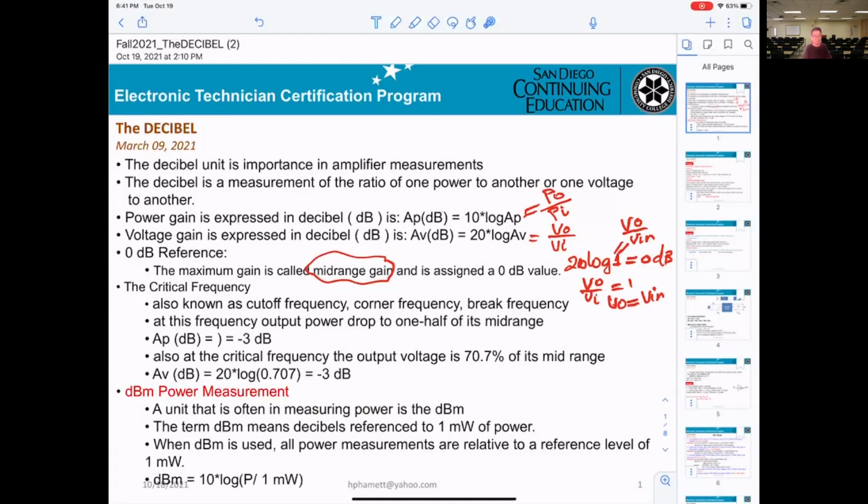However, we don't deal with the dBm. We deal with the watt, milliwatt, kilowatt. So that's why we need to convert it. Now, the term dBm means decibel referenced to 1 milliwatt of power.